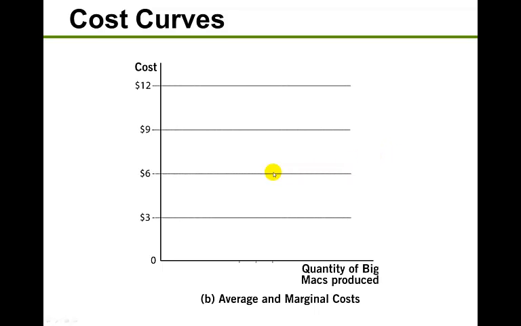Okay, so how about graphing my average costs and my marginal cost? This is really what we're going to find is really important when we're talking about profit maximization, competitive markets, and so on and so forth. We can start by graphing my marginal cost curve.